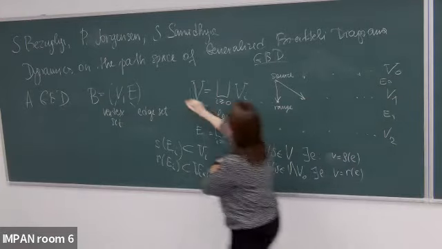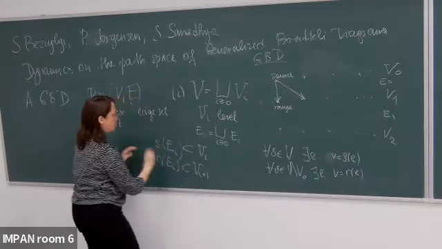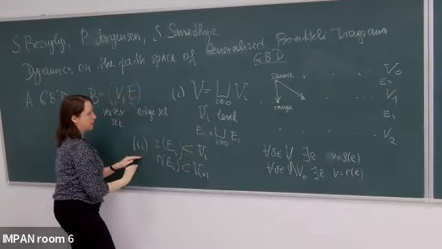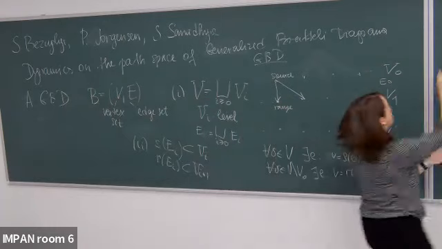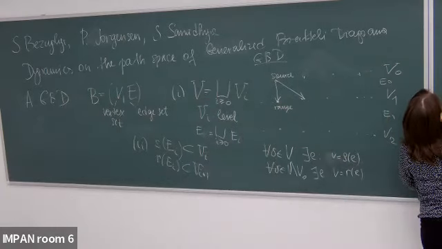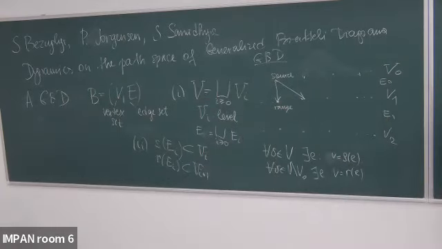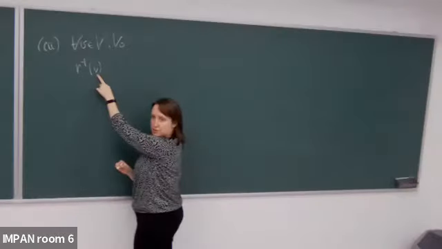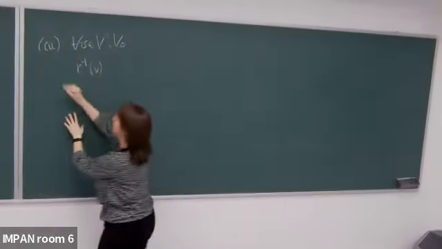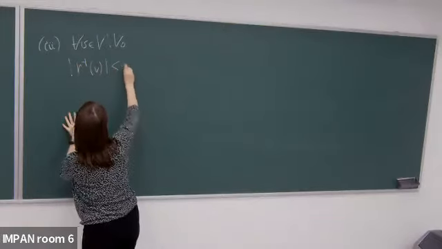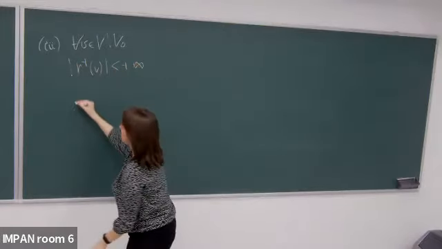This is the first condition, this is the second condition. For every vertex except for the upper level, we consider all edges that end in this vertex, all edges for which the range is this vertex V, and this is a finite set.